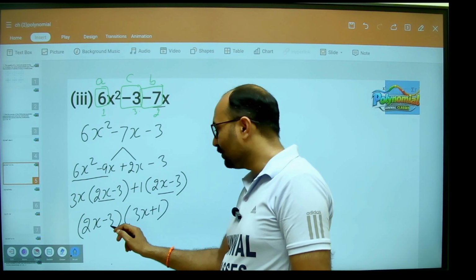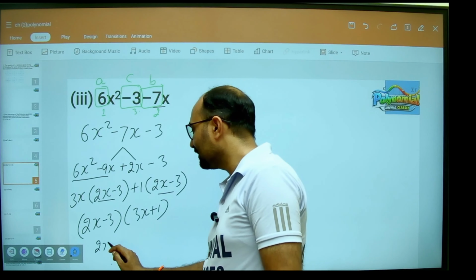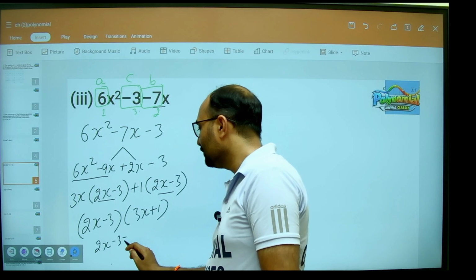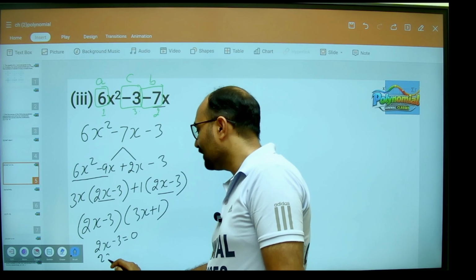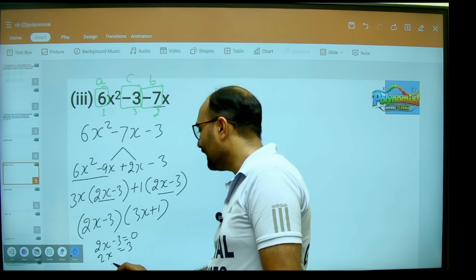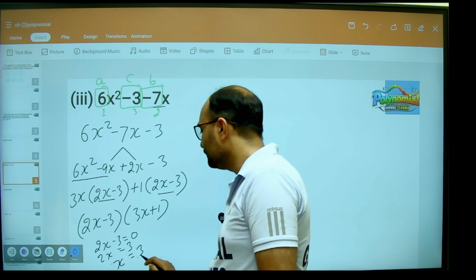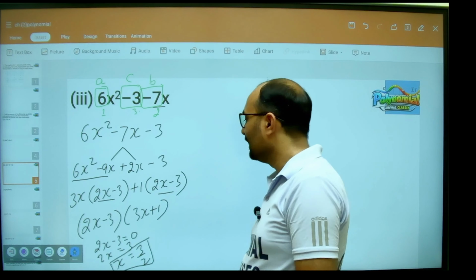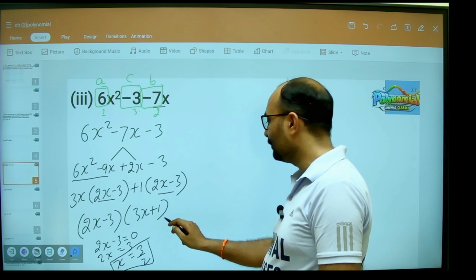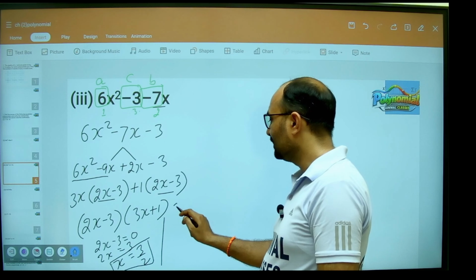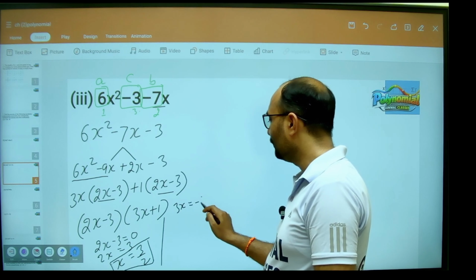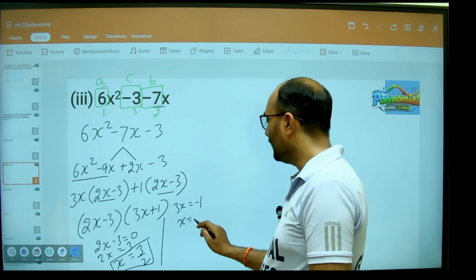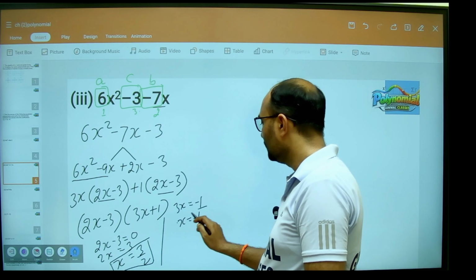If you equate this to 0, 2x minus 3 equal to 0, 2x equal to 3, and x is equal to 3 by 2. Assuming this as alpha, equating the second term to 0, 3x is equal to minus 1, x is equal to minus 1 by 3. So this is your beta.